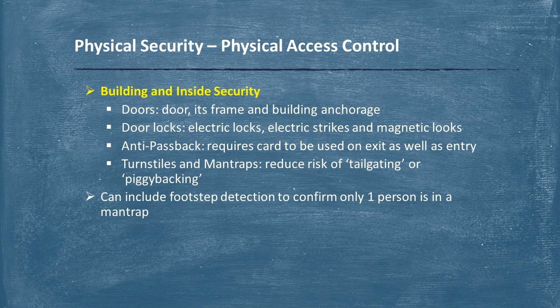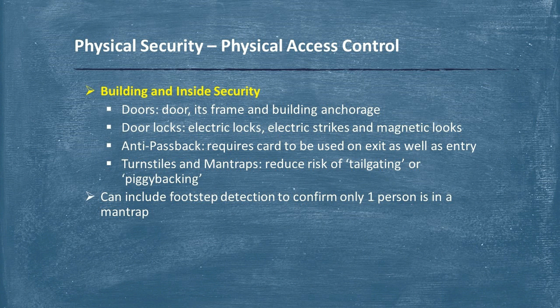Buildings and the inside security. Within the building, the doors in frame and building anchorage, door locks, electric lock, electric strikes and magnetic, different types of locks. Anti-passback requires the card to be swiped even when the person comes out. Normally they don't have to swipe when they come out; once they gain entry, they can come out.